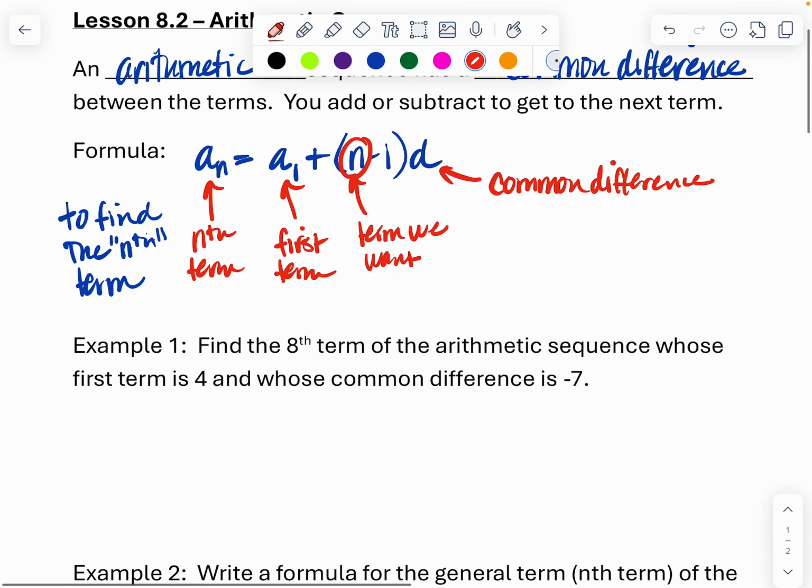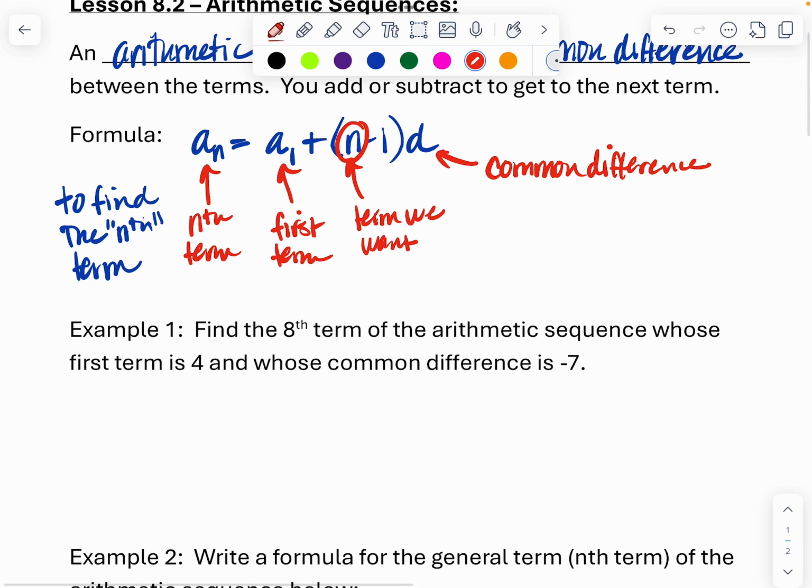So you might get a problem that looks something like this. Find the 8th term of the arithmetic sequence whose first term is 4 and whose common difference is -7. So according to this, we know that the first term is 4, we know that D is -7, and we're looking for the 8th term. We want the 8th term, n equals 8. So we would use our formula.